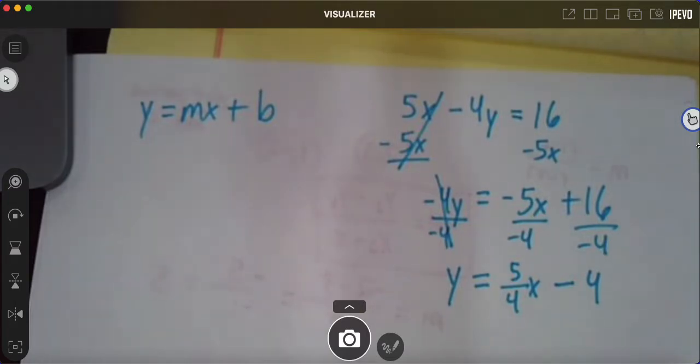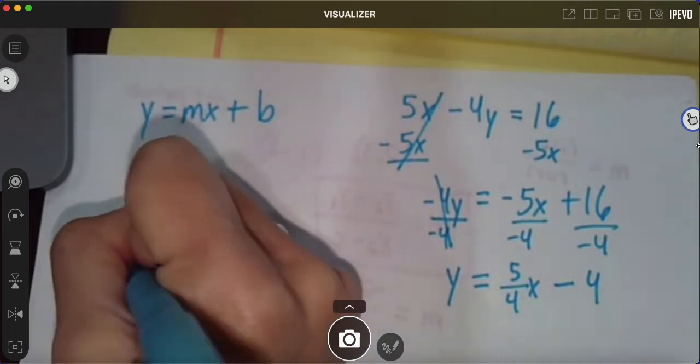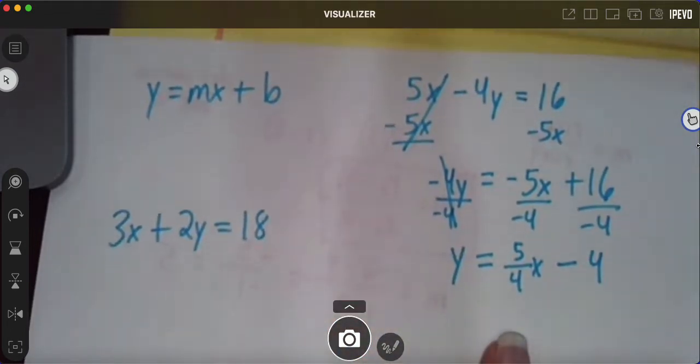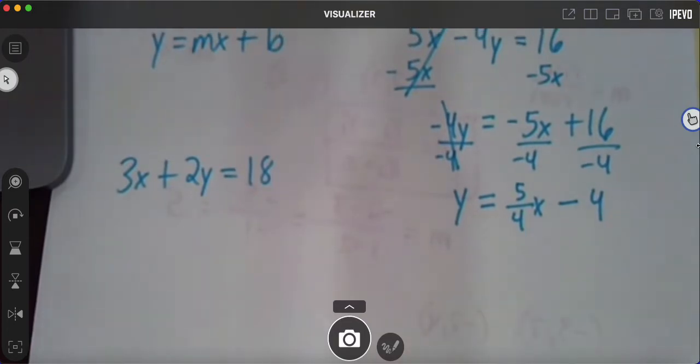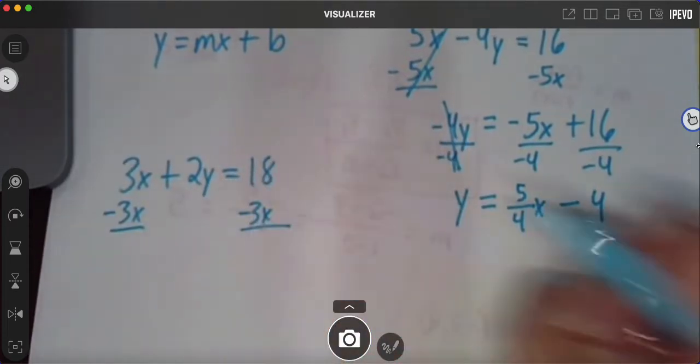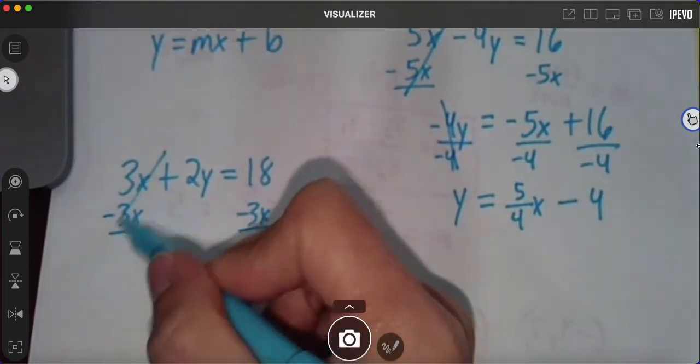Let me do one more. I'm going to have 3x plus 2y equals 18. So, what do I move? The 3x. And since it was positive, I'm subtracting it. And again, I like for my x to come first.